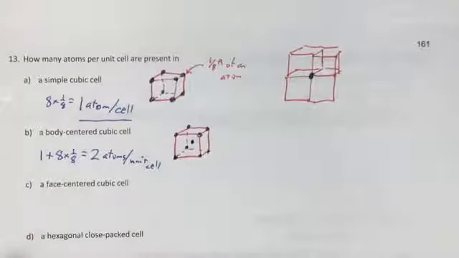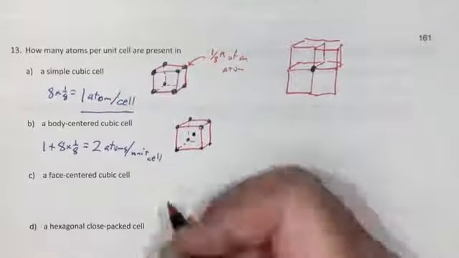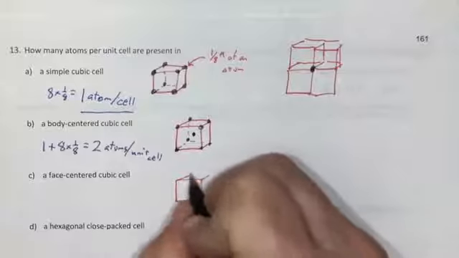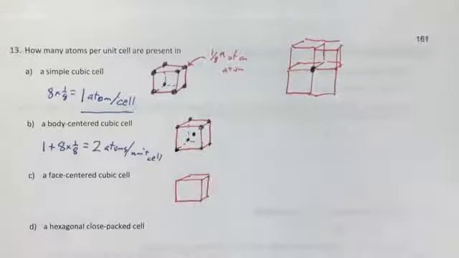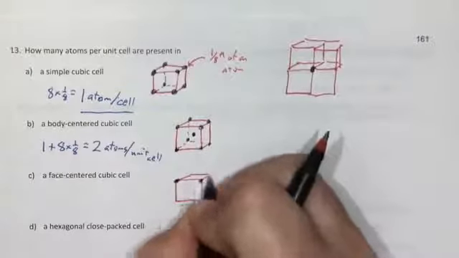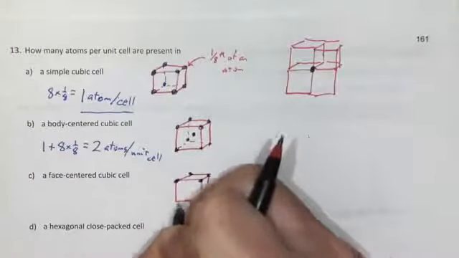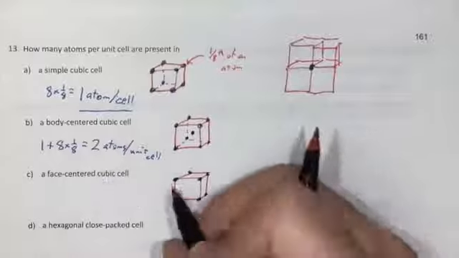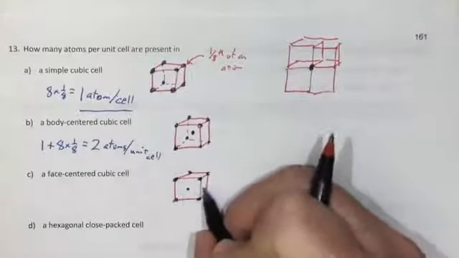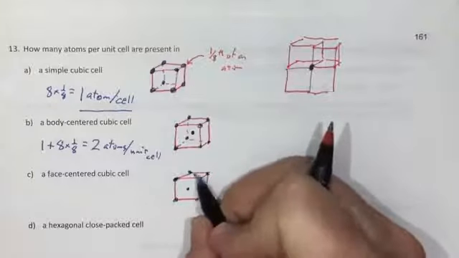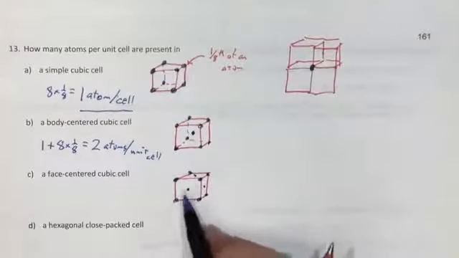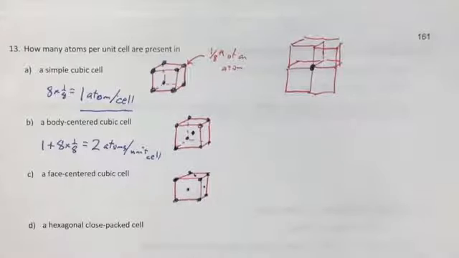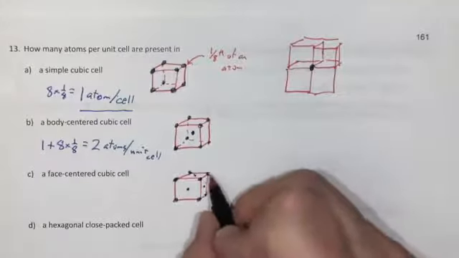And then let's look at a face-centered cubic cell. In a face-centered cubic cell, I'll draw a cube again. I've got an atom at each corner of the cube. Now I'm not going to draw the other ones, but in a face-centered cubic cell, there's also an atom right in the center of each face. There's one in the center of this face, and one in the center of this face. Now, if you focus on this particular one, 2 cells are right next to each other.